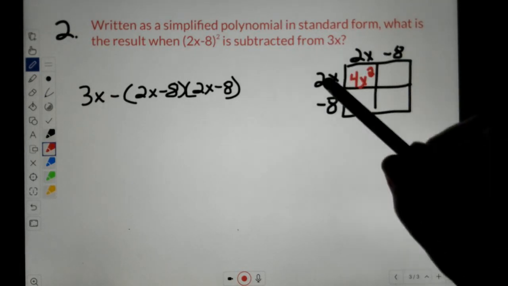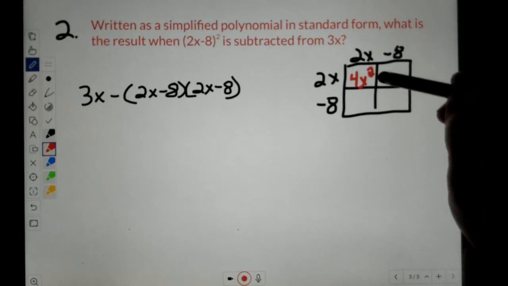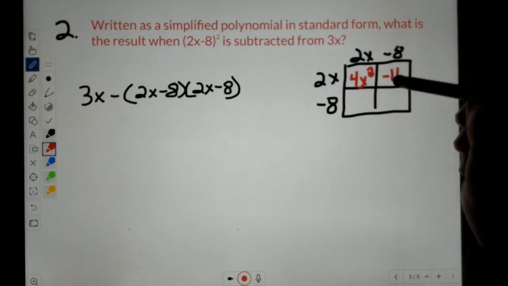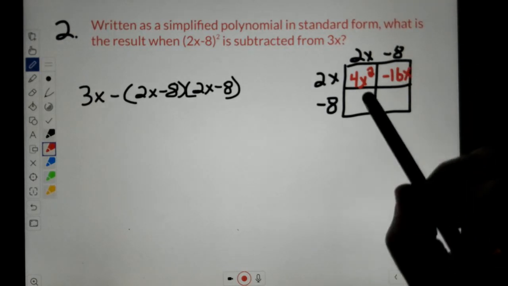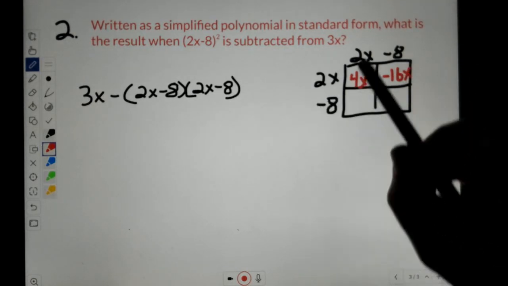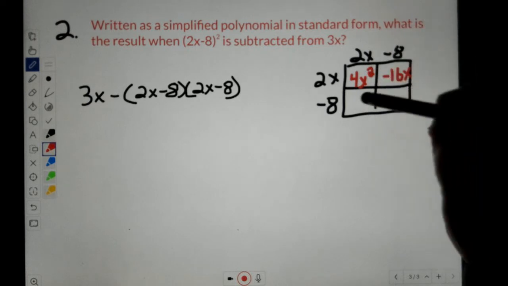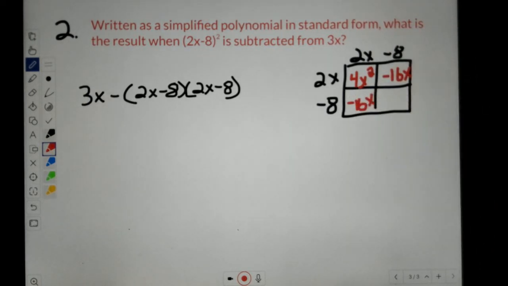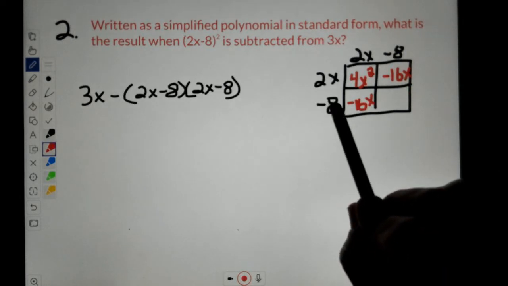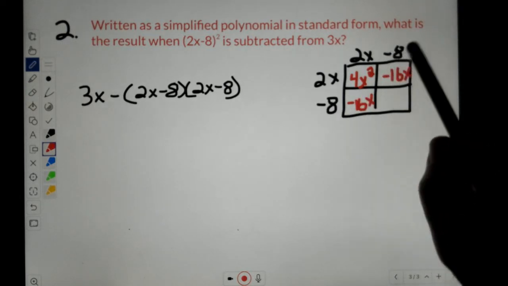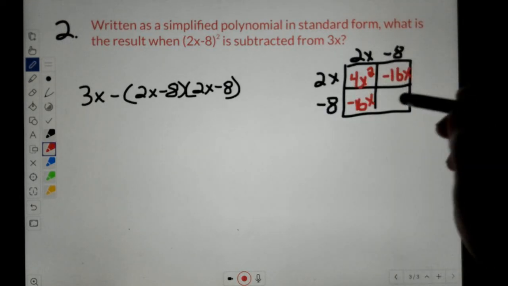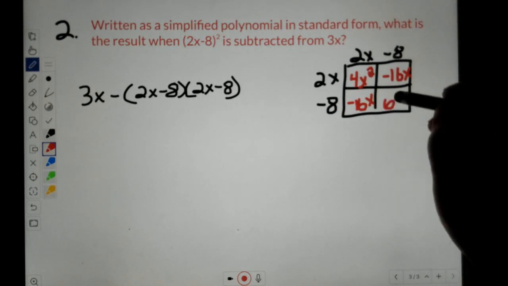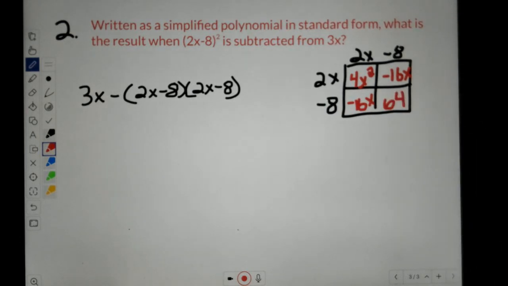This section here is 2x times negative 8. That's negative 16x. And then here we have negative 8 times 2x, which again is negative 16x. And then finally we have negative 8 times negative 8. Well, 8 times 8 is 64, and since both of those are negative, that makes that a positive 64.